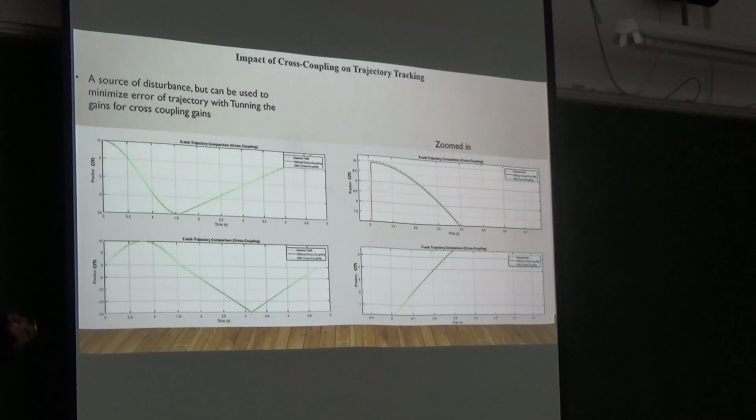It's much closer than not using the cross-coupling, which is the red line. It's a little bit different, but small differences can make a difference if we maybe change the tuning further or do other simulation tuning with PID or other controllers.